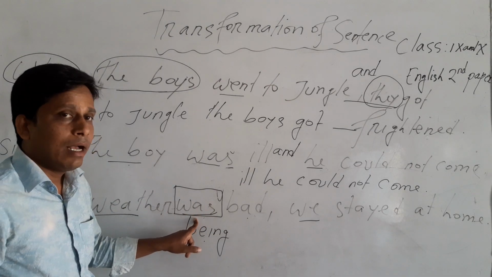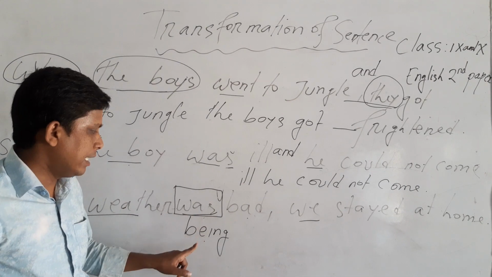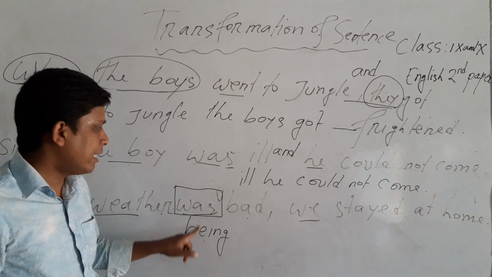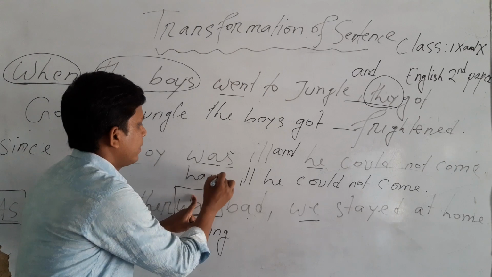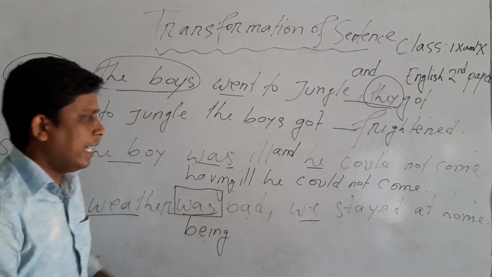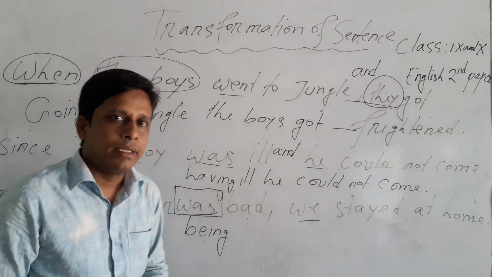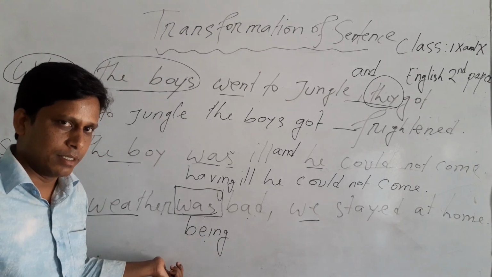If there is am, is, are, was, were, then write being, and if there is have, has, had, write having, like this. And if you write the rest of the words, then it will become a simple sentence.